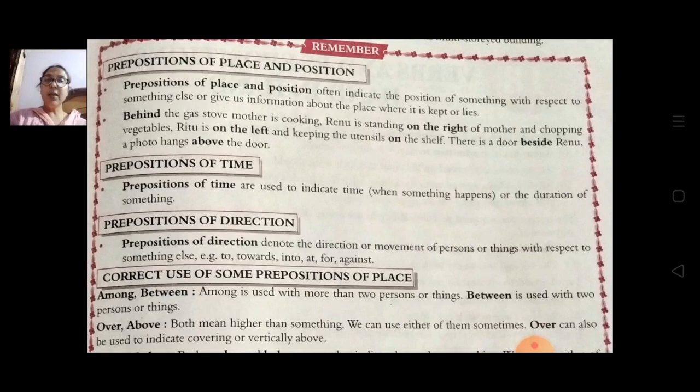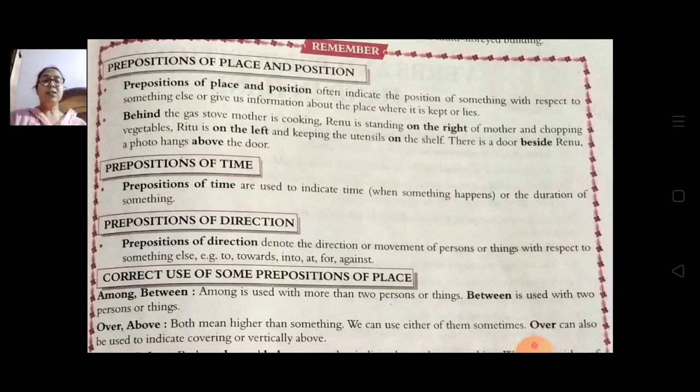Prepositions of place and position often indicate the position of something with respect to something else, or give us information about the place where it is kept or lies.